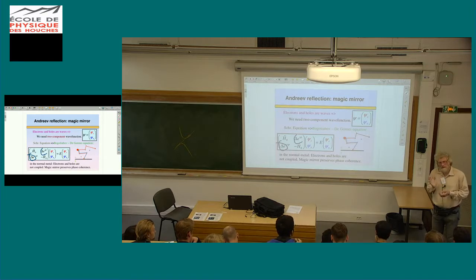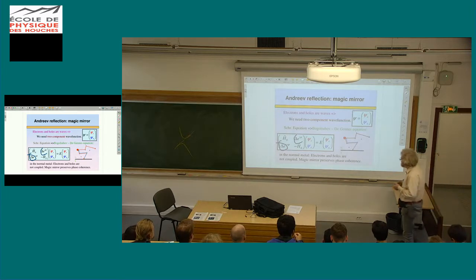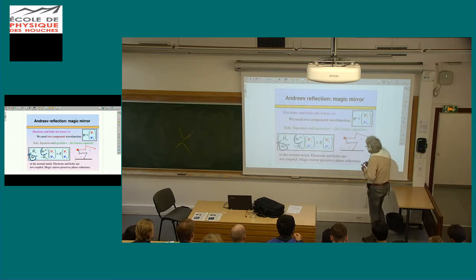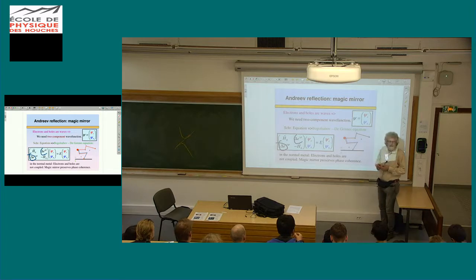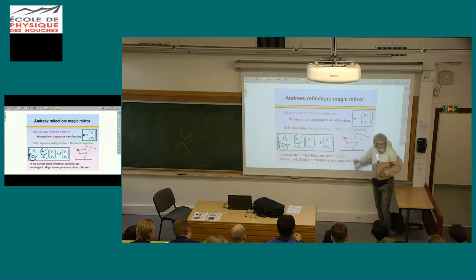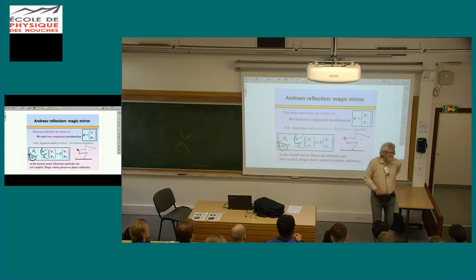It is converted to a hole wave. But holes are like electrons which live in the opposite time direction. So upon the reflection, it does very interesting magic. It just follows precisely the electron trajectory.